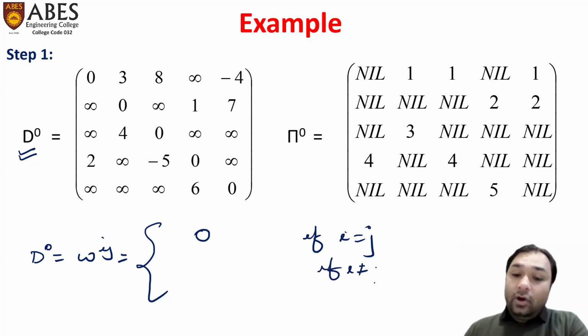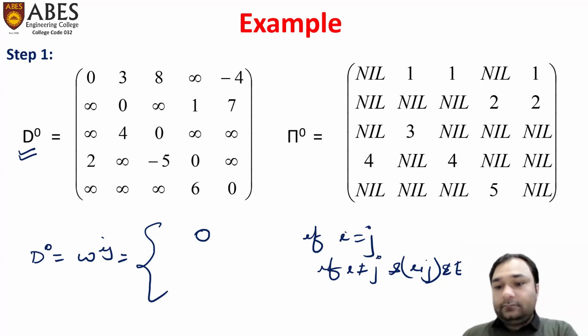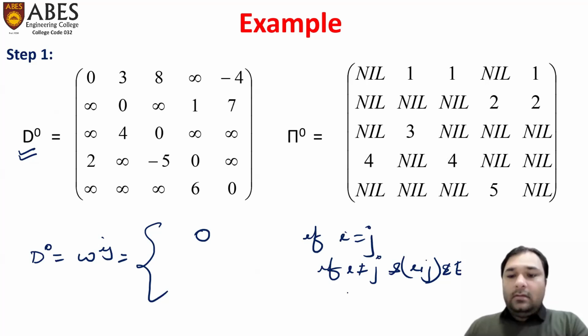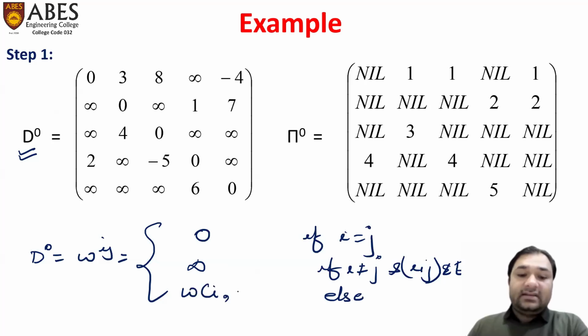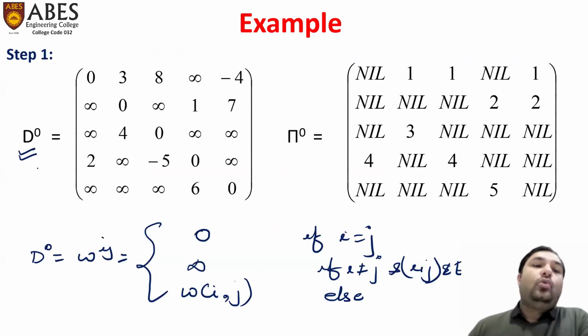If i is not equal to j and (i, j) does not belong to an edge, then we simply say infinity, or else this is the weight of edge (i, j). So what we have done here is, if there is a directed edge from this to this, we simply represent it by the weights. If there is no edge, we simply represent it by infinity. If there is a cycle, we simply represent it by 0.